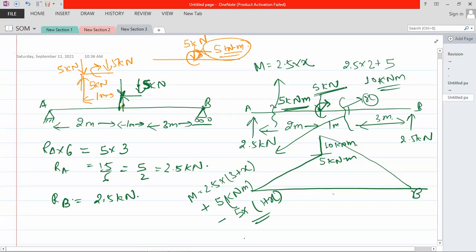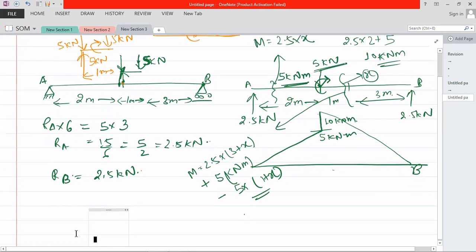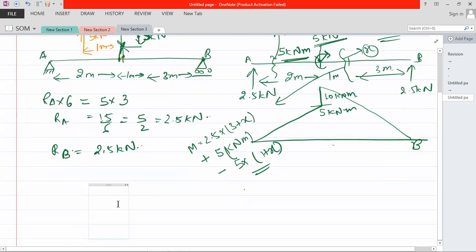Now the reaction part is easy, 2.5 kilonewton and 2.5 kilonewton. If I want to draw the diagram again, let me draw it. Suppose this is your beam, with 2.5 kilonewton and 2.5 kilonewton reactions, and at 2 meter, a 5 kilonewton load is acting and a clockwise moment of 5 kilonewton meter.